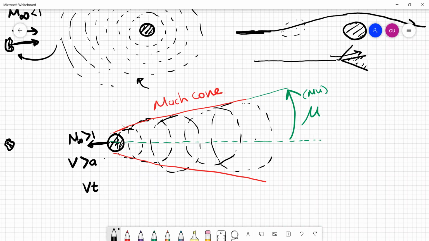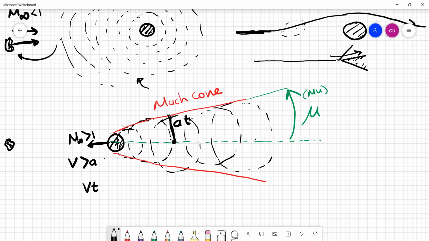And in the same time interval, the propagating waves, which are moving with the speed of sound, which is slower than v, will have moved out by an amount of a times t, because they are moving out with the speed of sound.